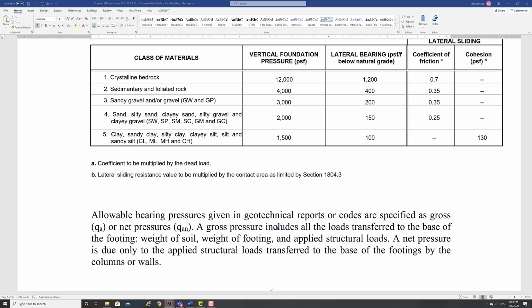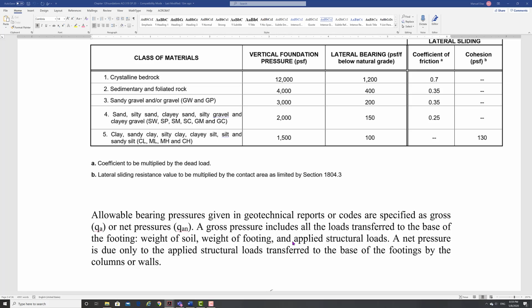So the technical reports and even the codes are specified as gross areas or net areas. So we need to differentiate between the gross and the net. Okay? A gross pressure will include all the loads that are going to be transferred to the footing, which means the weight of the soil that may be on top of your footing, the weight of the actual footing, and the applied structural loads.